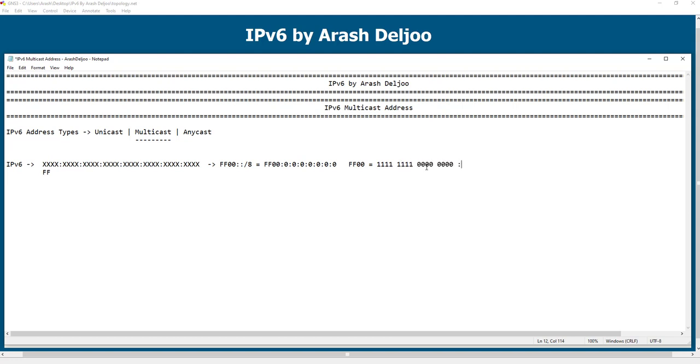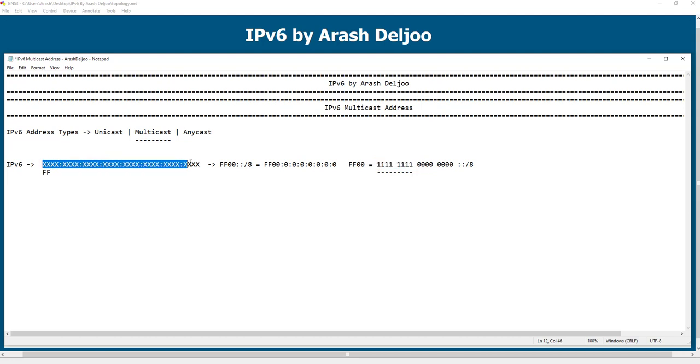Okay, and when we are using /8, this means that in an IPv6 multicast address, the first 8 bits are 1. You can see that in the first 8 bits we are using 1. It's better to consider a multicast IPv6 address in hex notation. It's not necessary to think or write in binary format. You can use the hex notation.